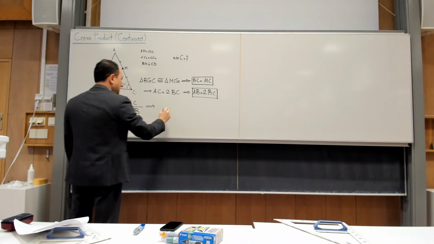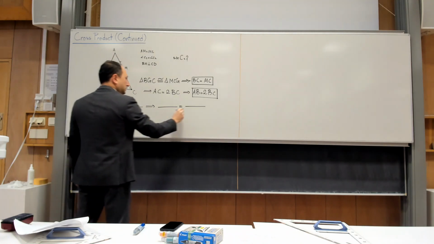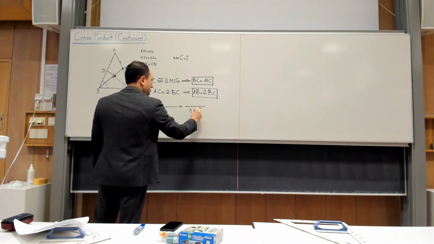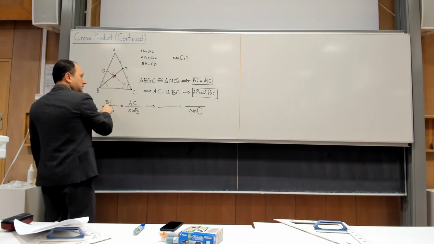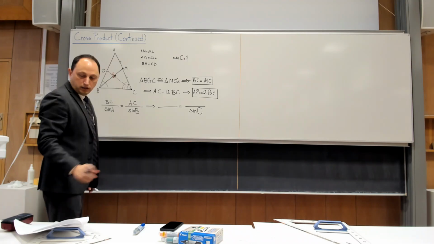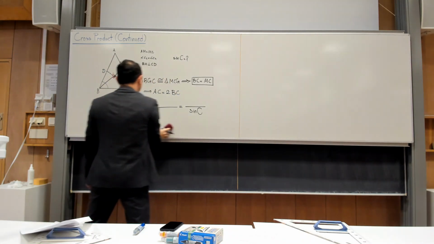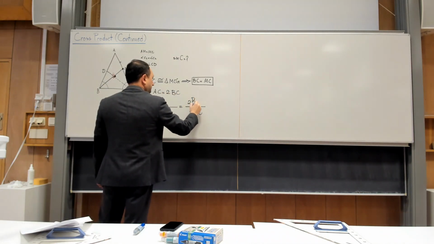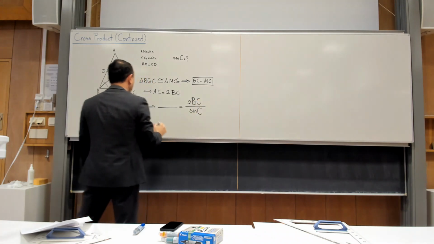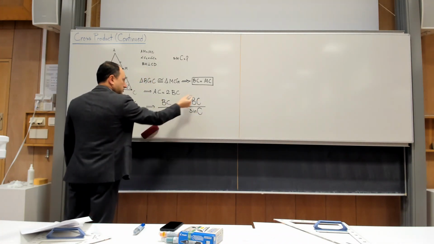So I would write it as sine C, which is my unknown. Instead of AC, I put 2BC, and instead of BC, I just put BC. The good point is that I can simplify it.